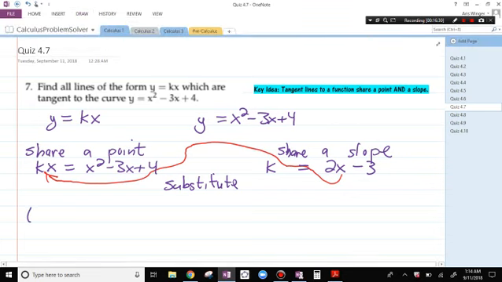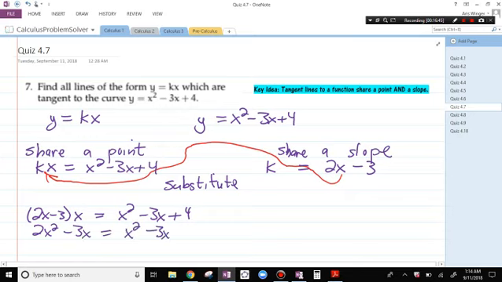Putting this in, 2x minus 3 times x equals x squared minus 3x plus 4. 2x squared minus 3x equals x squared minus 3x plus 4. From this we get that, subtracting x squared on both sides, x squared equals 4. And so x equals 2, or x equals negative 2.